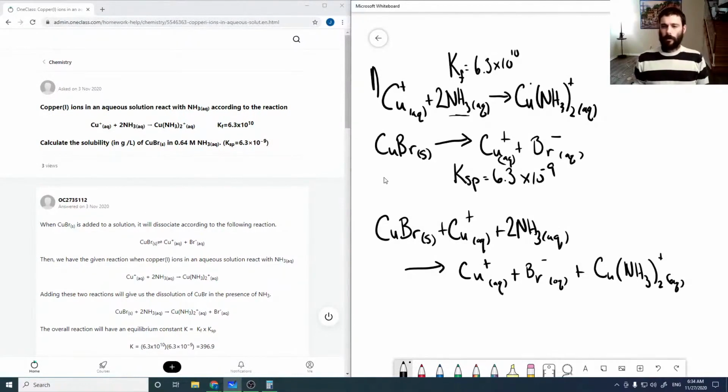And now we can cancel anything that's on both sides, so we're going to get rid of the copper. And so our total reaction is just this.